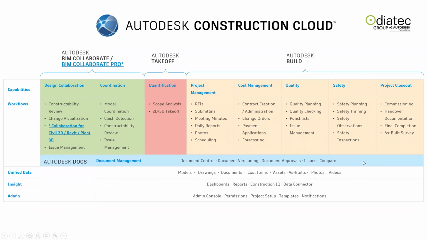But on top of Autodesk Docs, you can add other functionality with additional subscriptions: things like Autodesk Build for site stage, RFIs, checklists, safety, and commissioning. You can do pre-construction quantification, and BIM Collaborate Pro is for design stage collaboration. You can sync from inside Revit, Civil 3D, and Plant 3D.